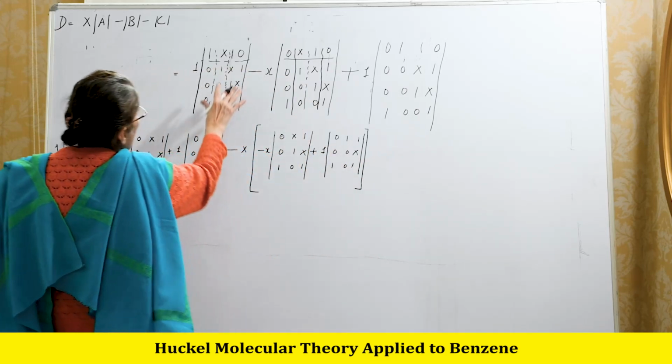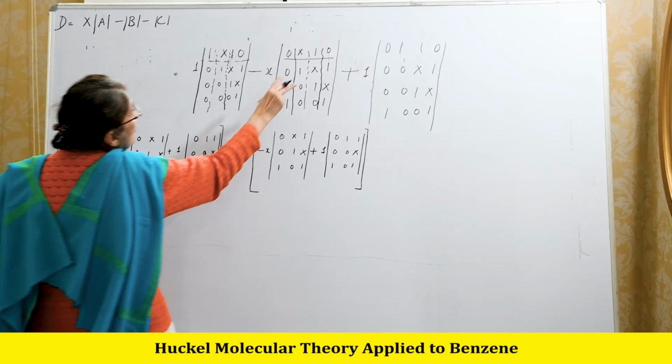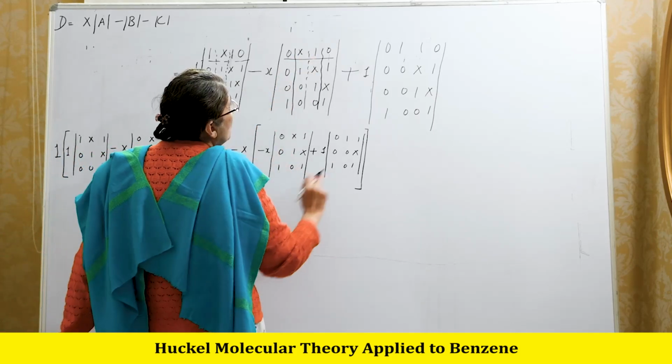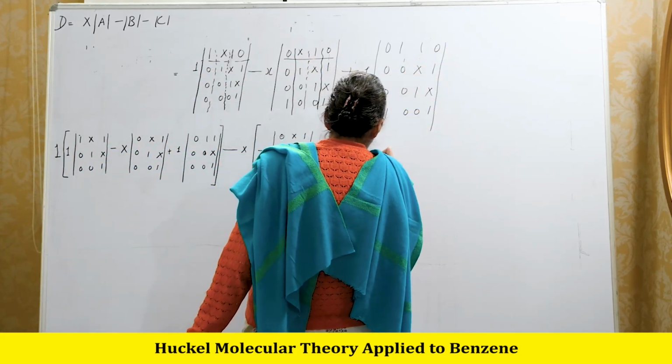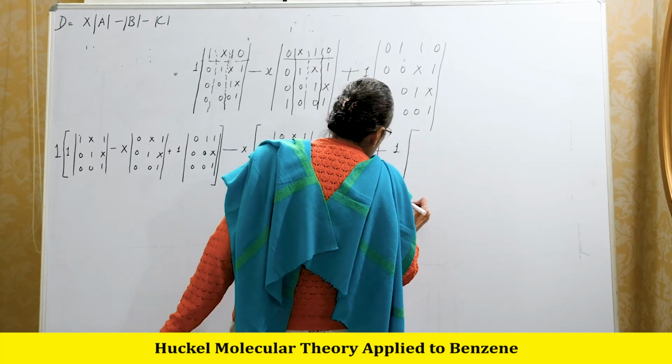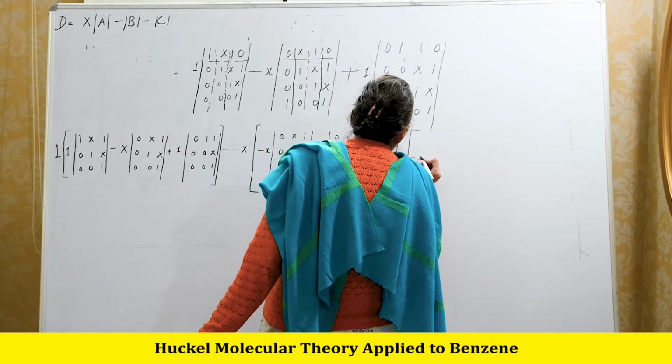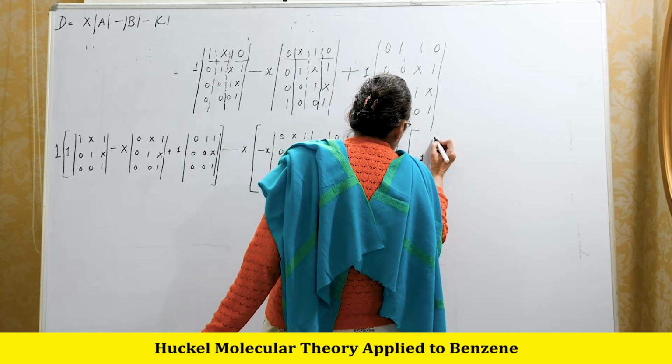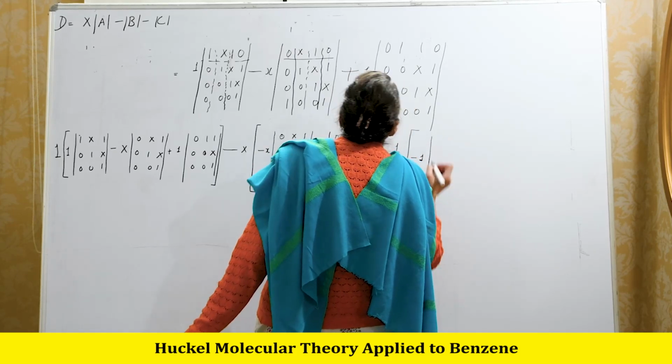So here you will get 3, 1 2 3, here you will get 2 2, and here you will get again 2. So this is plus 1, and we get this large bracket minus 1 and minus 1.